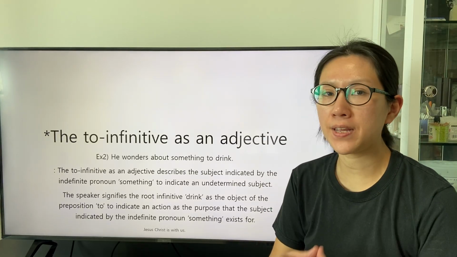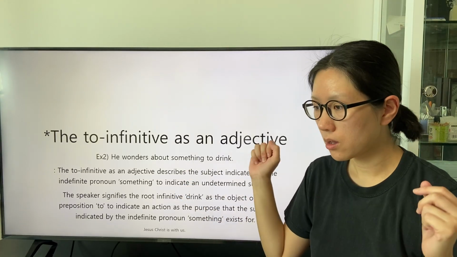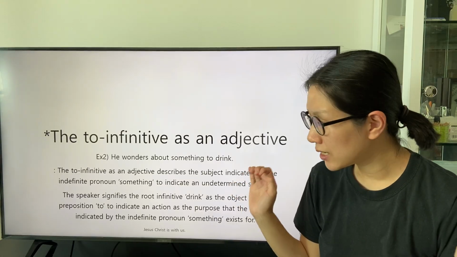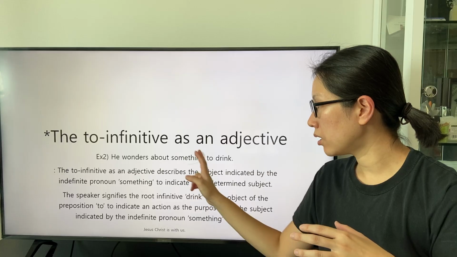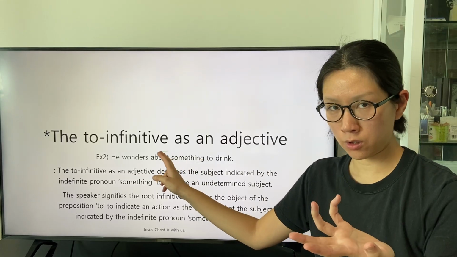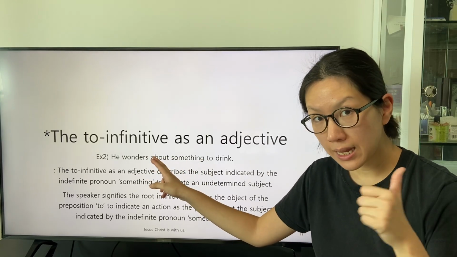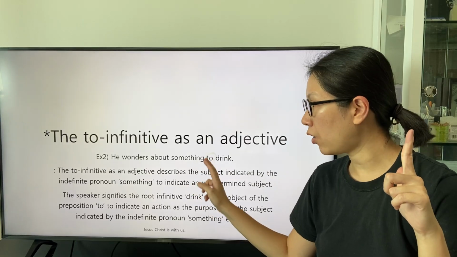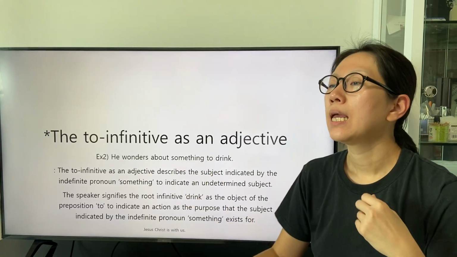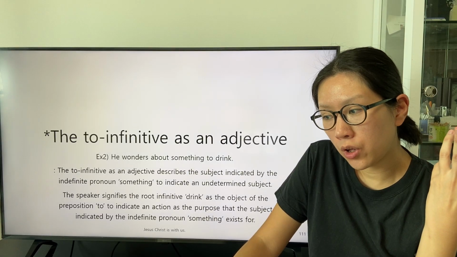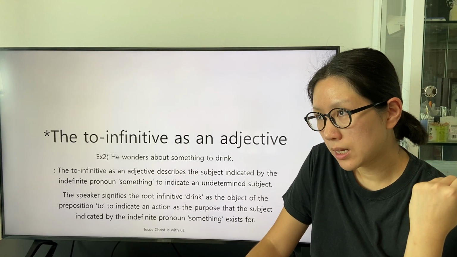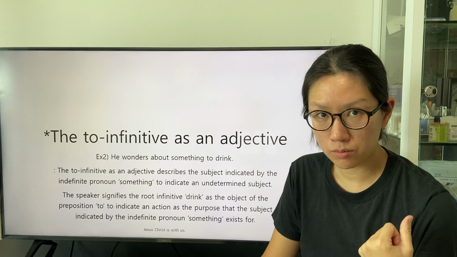From the definition of the indefinite pronoun something, the speaker intends to indicate an object of the preposition about and the subject of the preposition to as not a person.